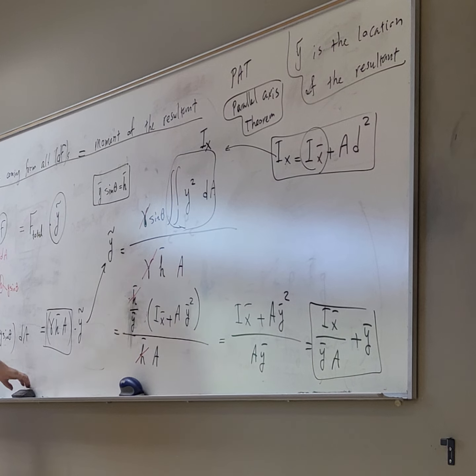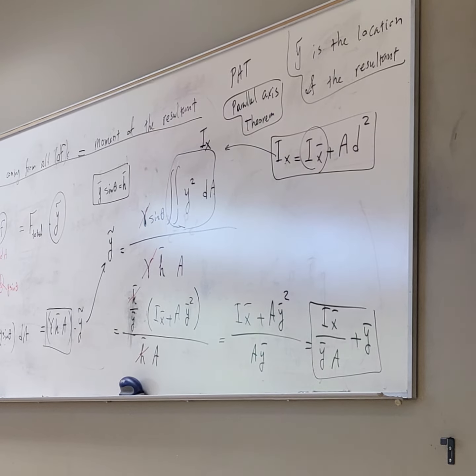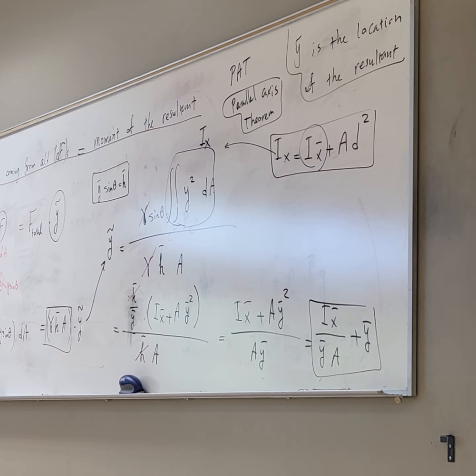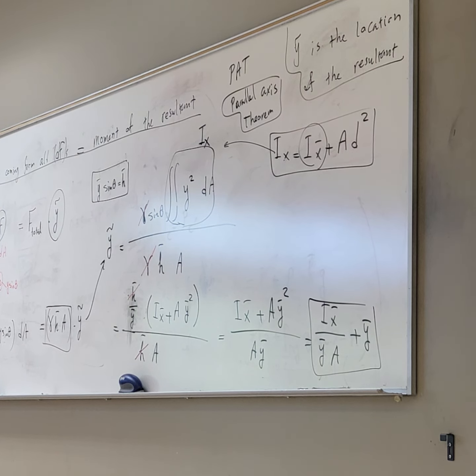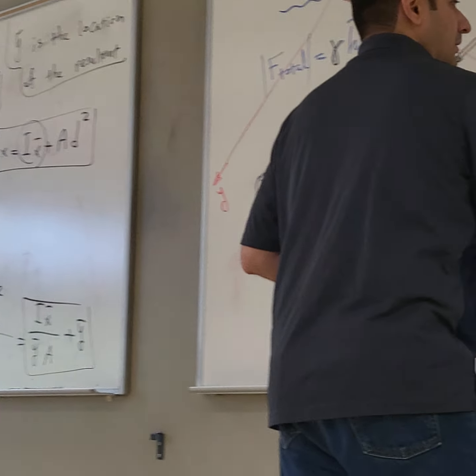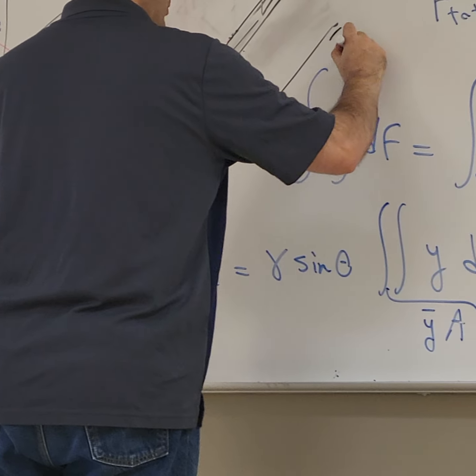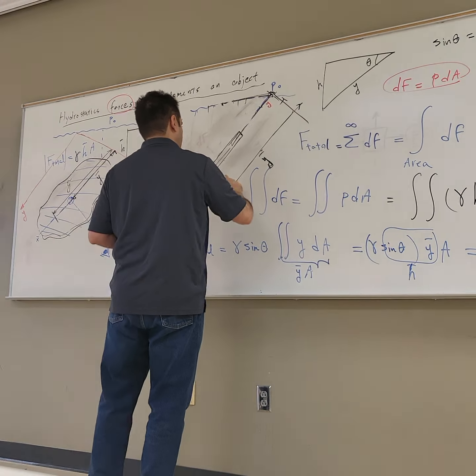So here I'm going to just summarize. You can replace that effect. Let's say that's the centroid of your geometry. This distance from there to the centroid is y bar.